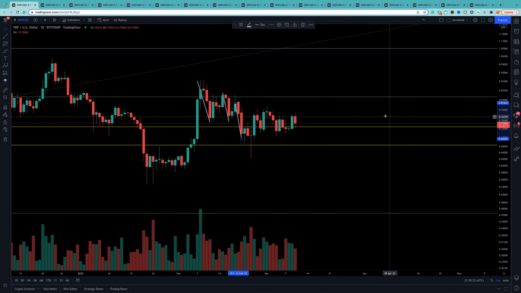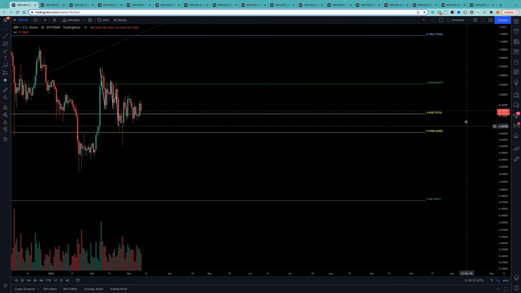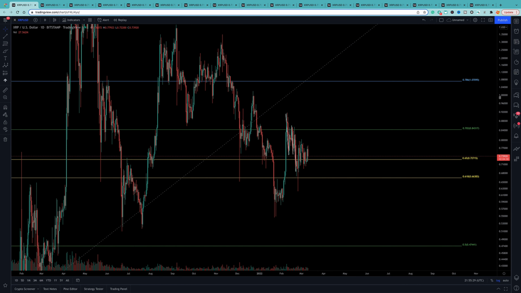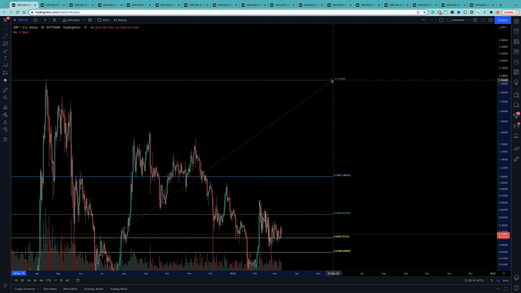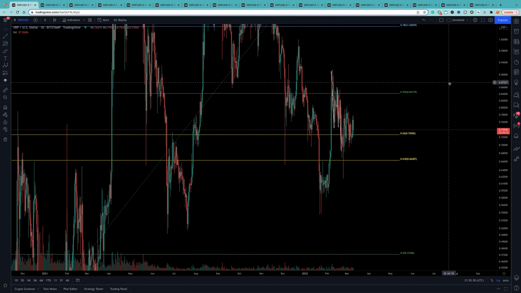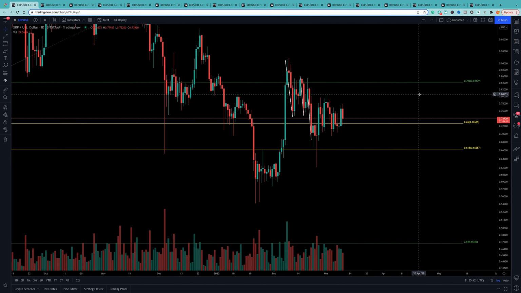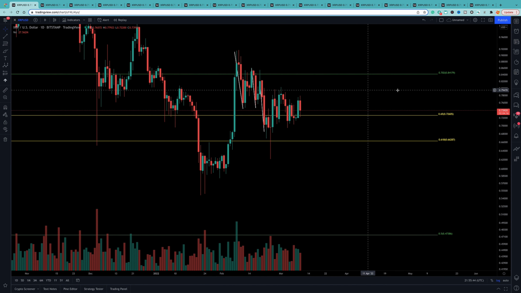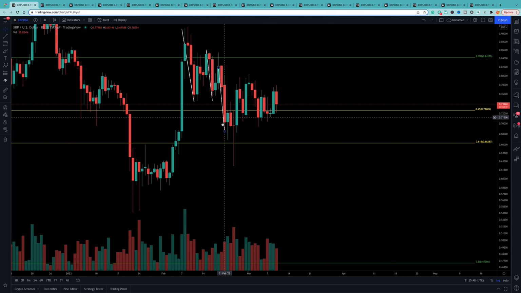Now again, this is also happening on the 702. This is all happening on the 702. Let me zoom this in a little more. This is all going on the 702, yeah? So now, there's a retrace again.